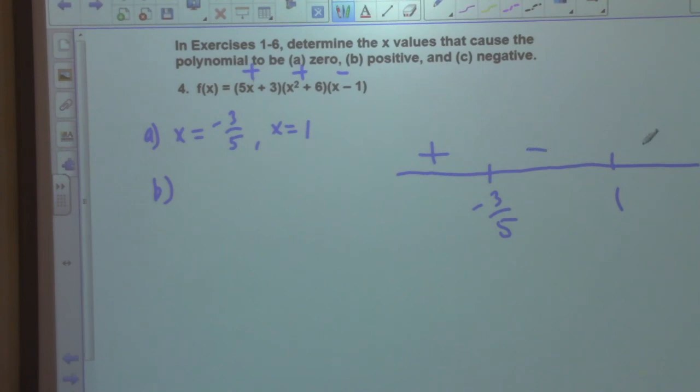And then over here you'd have positive, positive, positive. So you'd have negative 2, negative 3/5, right? And then your negative is only going to be in here. Negative 3, okay, 2, 1.